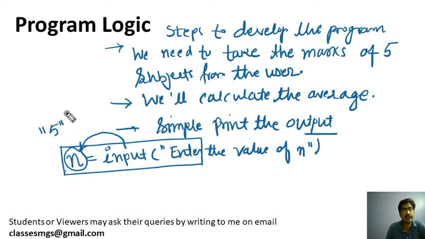Let's suppose he has entered the value 5, and by default this particular value will be a string. The input method always takes the value as a string.